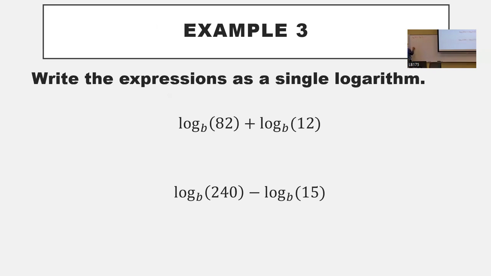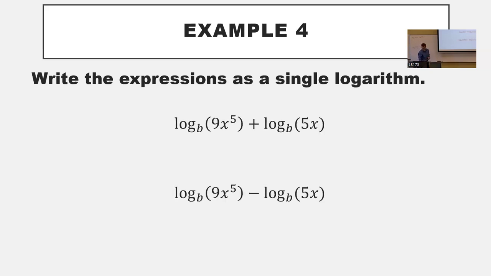And then log base b of 240 minus log base b of 15, rewrite that into a single log. And then we'll do the same thing if we have variables instead of actual numbers. So I'll do that as well.